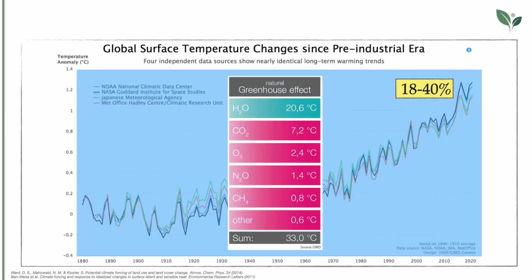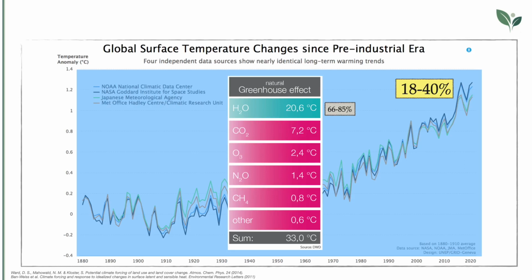Let's look at the role of the different gases in the natural greenhouse effect. If the atmosphere with its various gases did not exist, the global temperature on Earth would be 33 degrees colder. Thanks to the atmosphere, these gases and their absorption capacity, we live with much more pleasant temperature conditions.